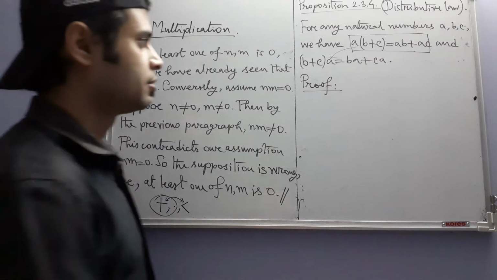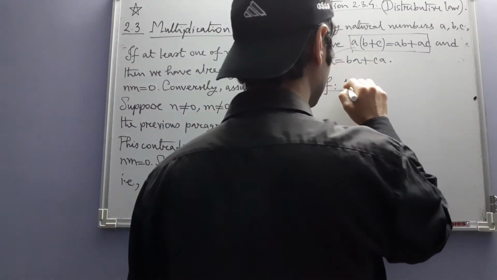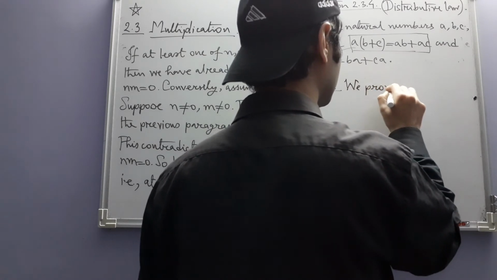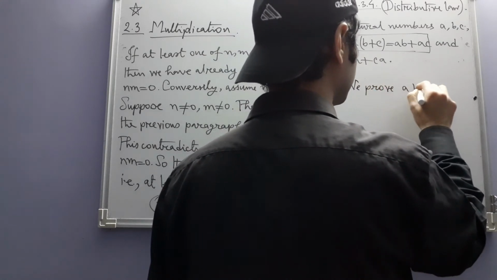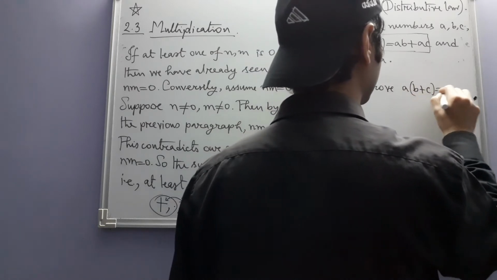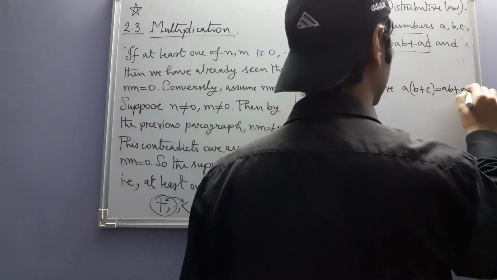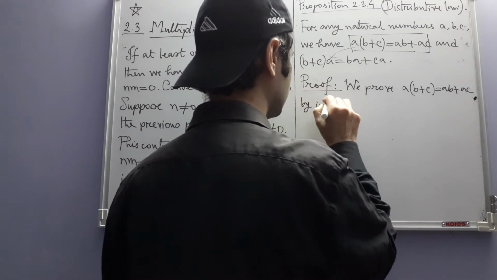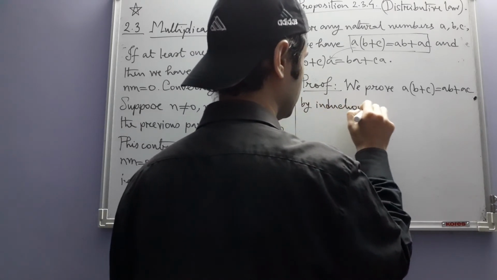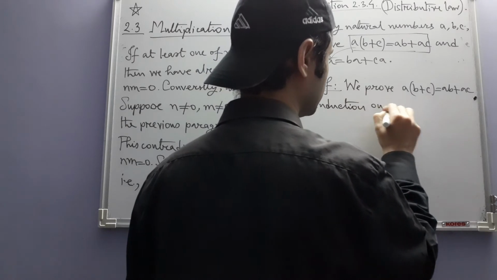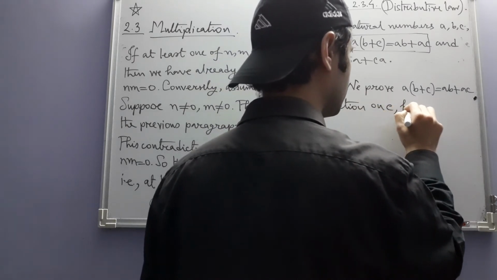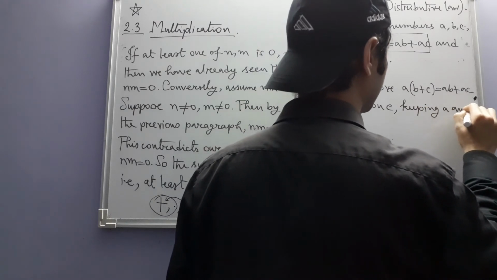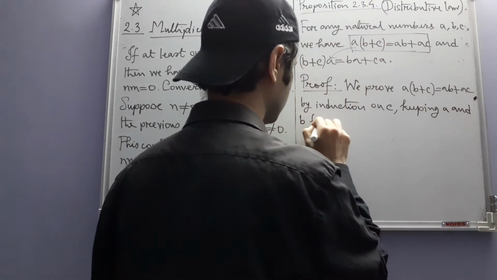Fine. So we prove A times (B plus C) equal to AB plus AC by induction on C, keeping A and B fixed.